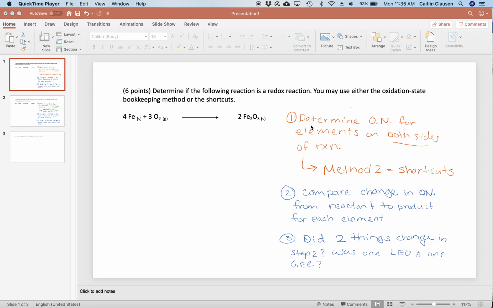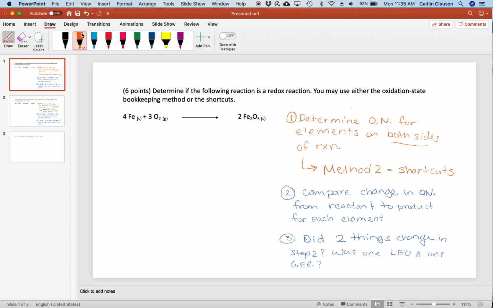So method 2. The first step is always determining the oxidation number for each element on both sides of the reaction. If you're using method 2 to do this, you're using the shortcuts. I look at the element. I have iron solid.